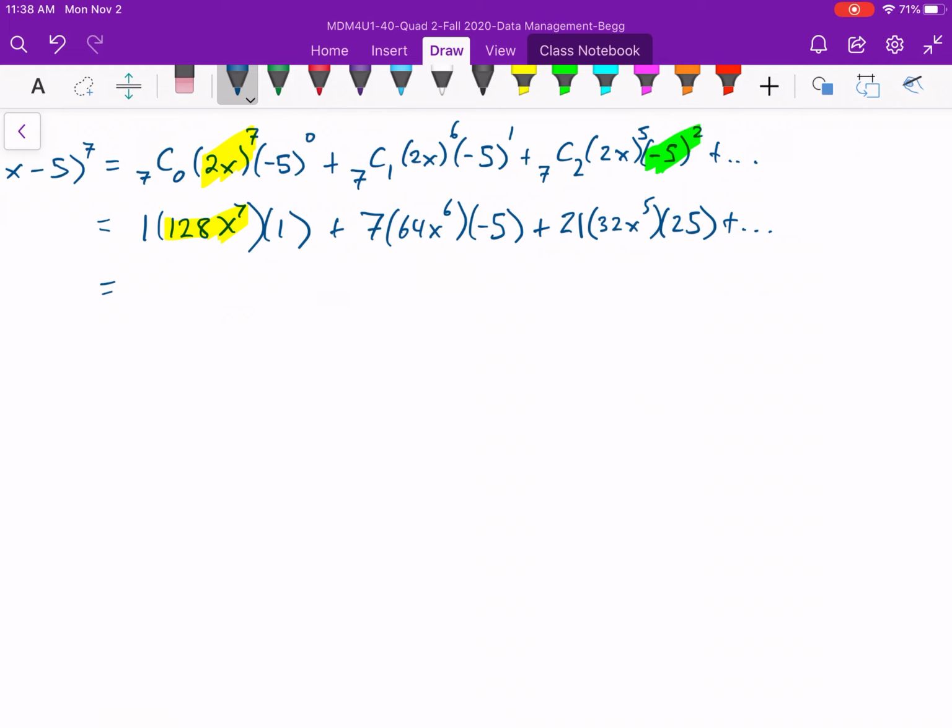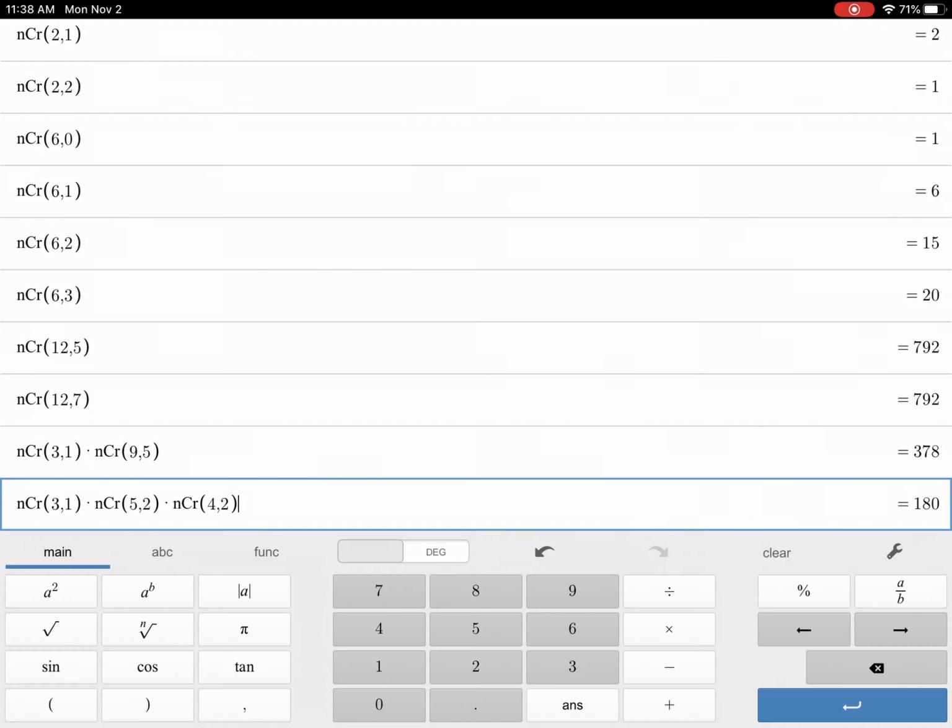So to simplify, the first term would just be 128 x to the 7, because those two 1s when we multiply don't do anything. The next term is going to become 7 times 64 times negative 5. I'm multiplying these 3 numbers together, one of which is negative. So overall, I'm going to get a negative between these terms. 7 times 64 times 5. Let's just do that.